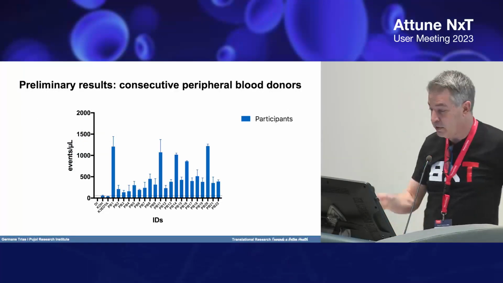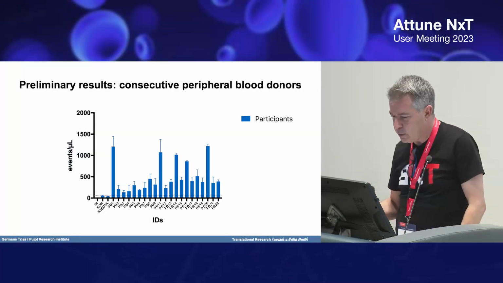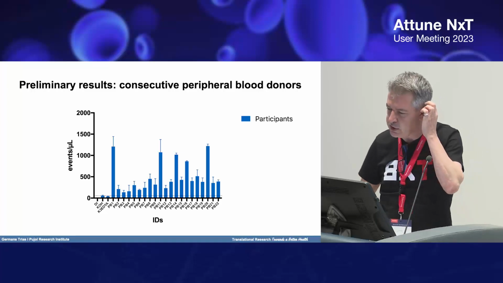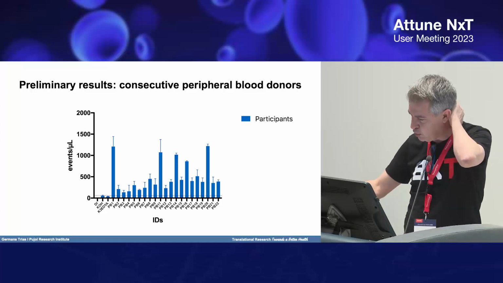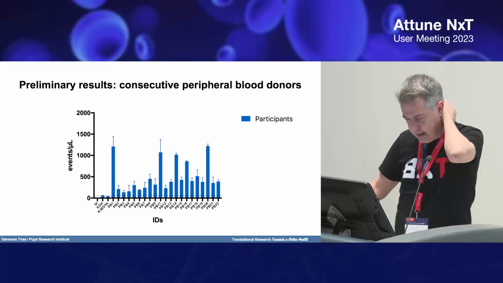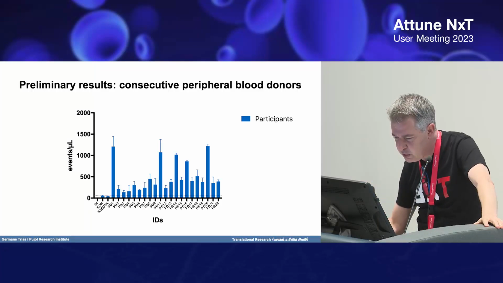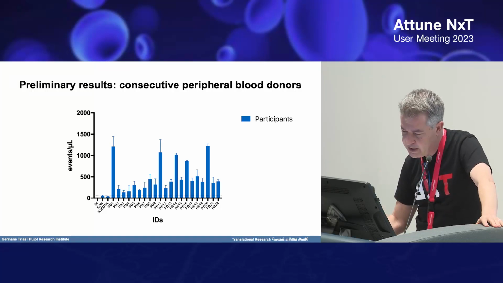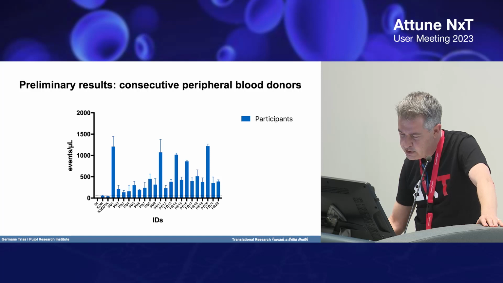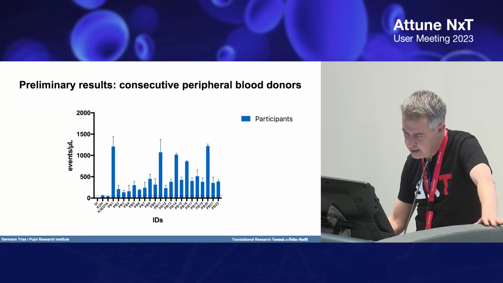Then these are the first preliminary results that we obtained using consecutive peripheral blood donors at the blood bank in my hospital. As you can see here, there is a threshold. This is the noise coming from the nanoplastic presence obtained from the deionized water, and the noise coming from the potassium hydroxide solution that we use for the digestion of the organic matter.